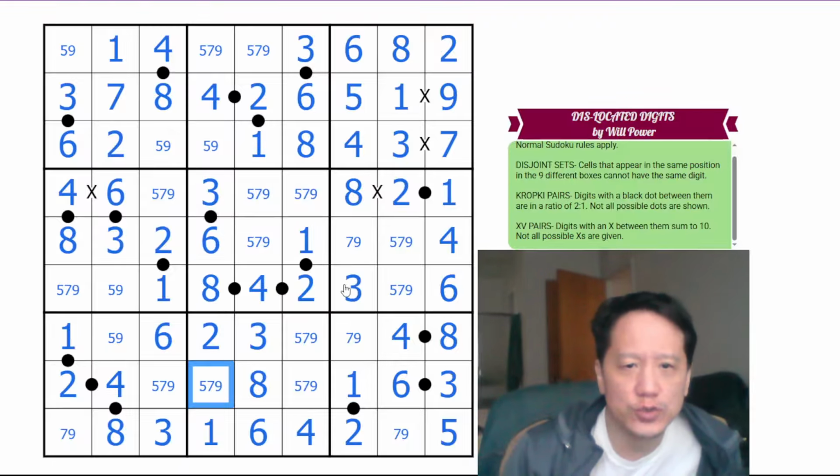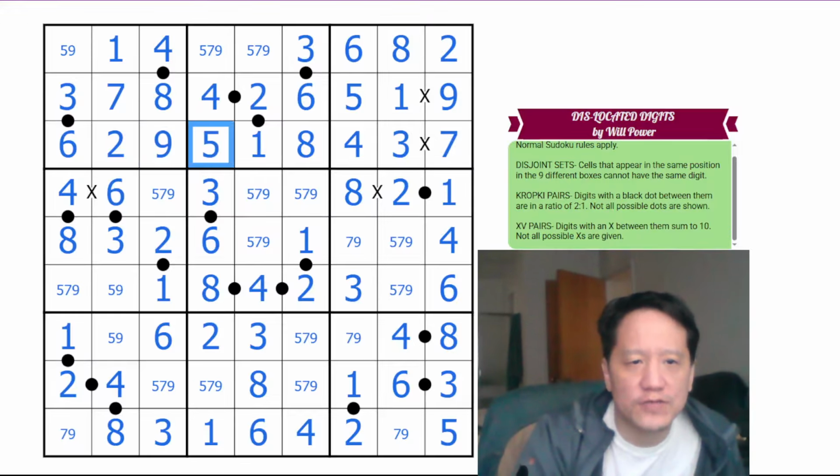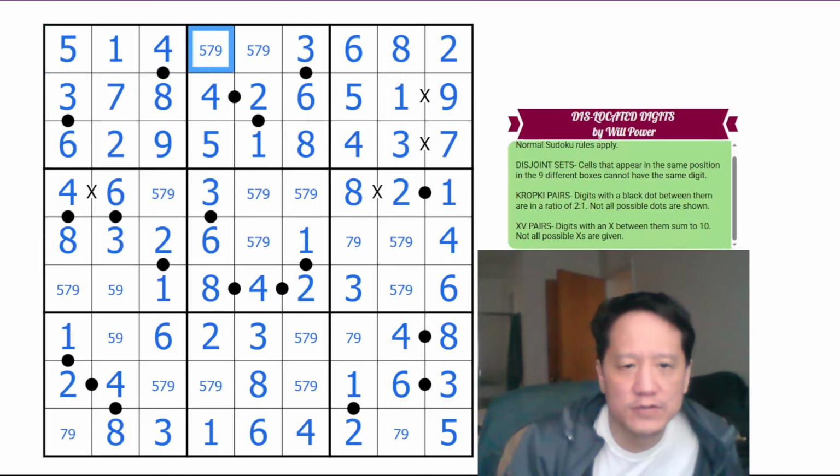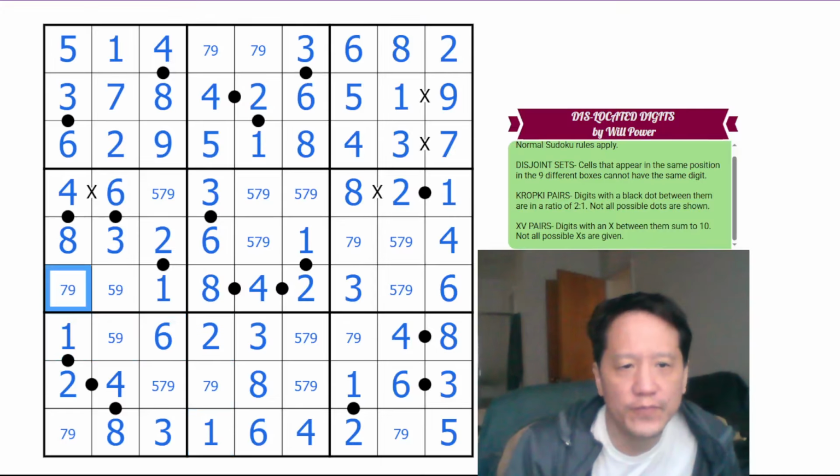Let's look at disjoint sets. We only have a certain amount of 5s and 7s, though. So we only have 2 5s. So this cannot be 5 here because of a disjoint set with that. So this is 9 here, which makes this 5. 9 eliminates 9 here, so that's 5. And obviously these can't be 5 anymore. That can't be 5. This can't be 5.